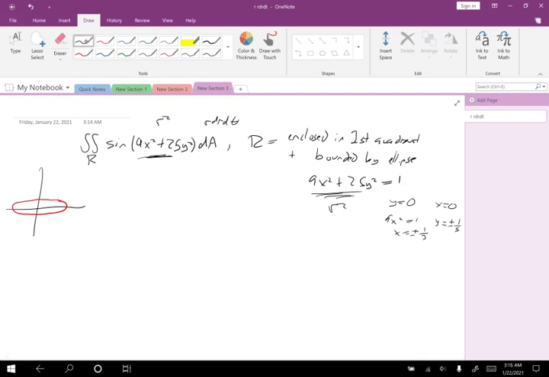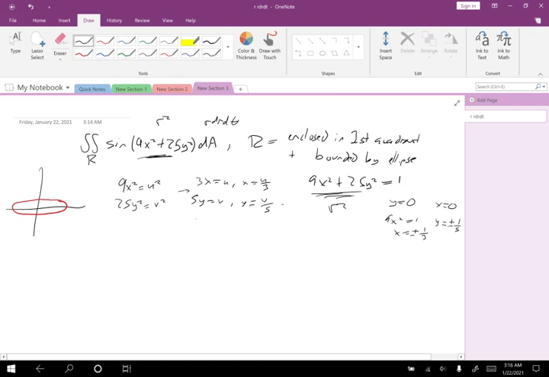Okay, so now what you do is you let 9x squared equal u squared, because we want to turn this into a circle. And then we want 25y squared equal v squared. And of course, that just means 3x equals u, or x equals u over 3, and 5y equals v, or y equals v over 5.